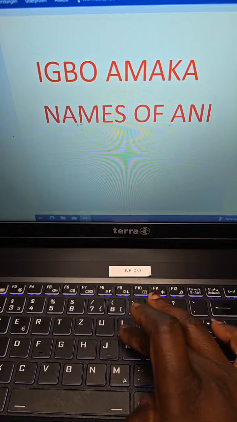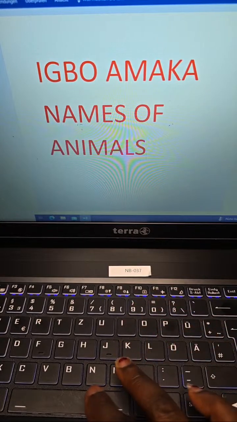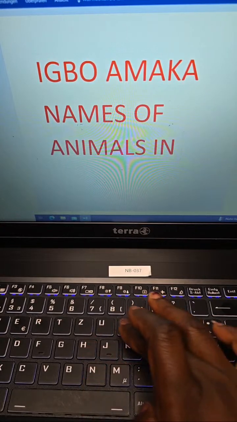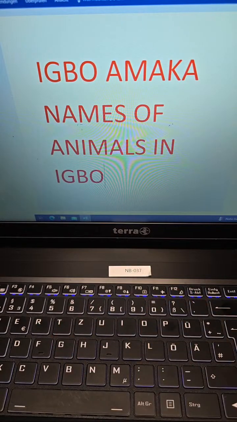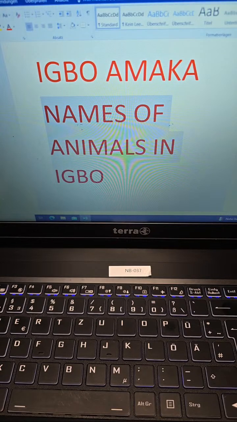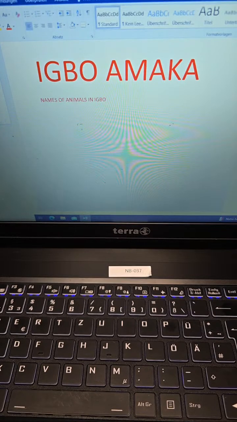Yeah, we are going to reduce the capital.